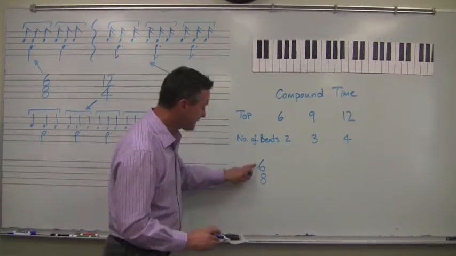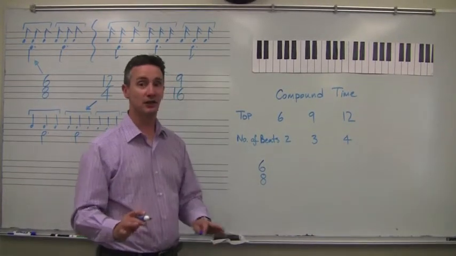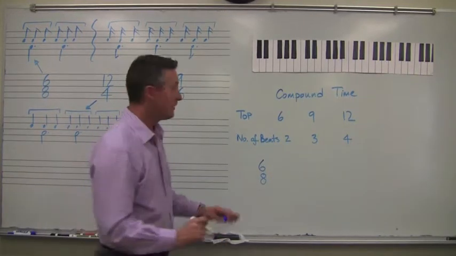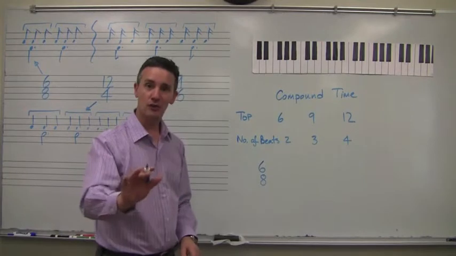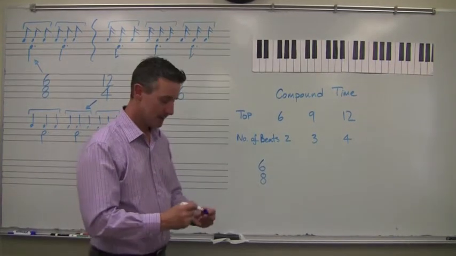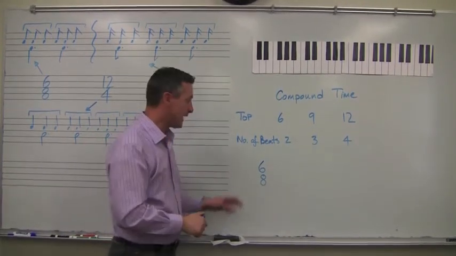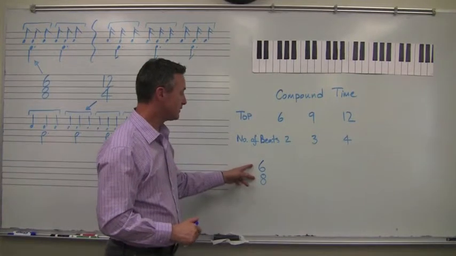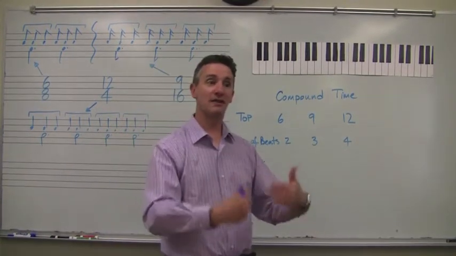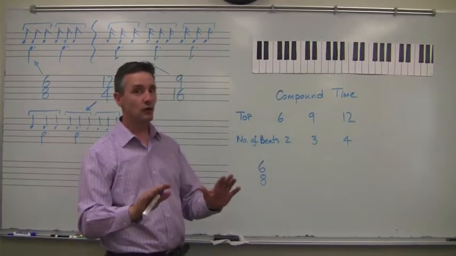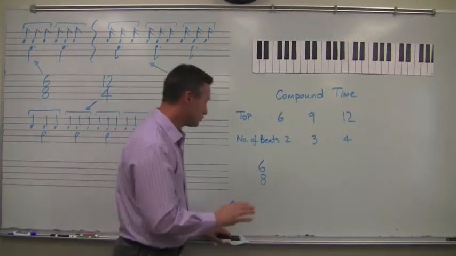There are indeed six eighth notes in the measure. That much is true. But there are 2 beats. And I'll show you how that works in a moment. I often encounter people who have been told that 6/8 means six eighth notes and therefore 6 beats in the measure. It's not true. In 6/8 time, there are 2 beats.